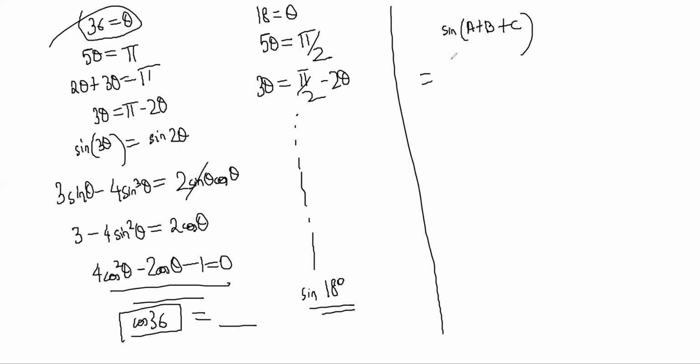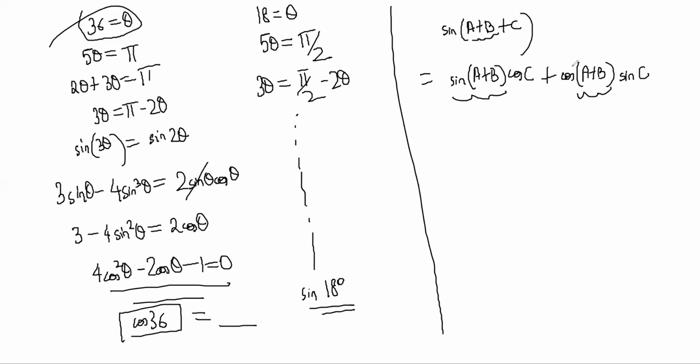Take A plus B as some D. So take it as one thing, and you can just write it like this: sine A plus B cos C plus cos A plus B sine C, right? And then expand this and expand this. So it will be a long formula. You don't need to memorize it. You just need to know that you can do it like this.